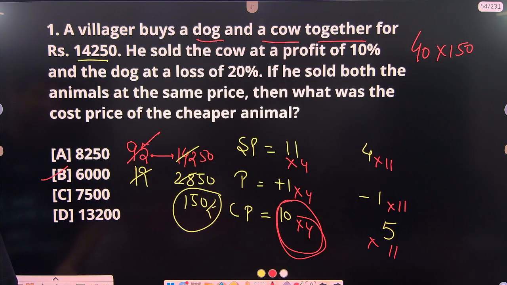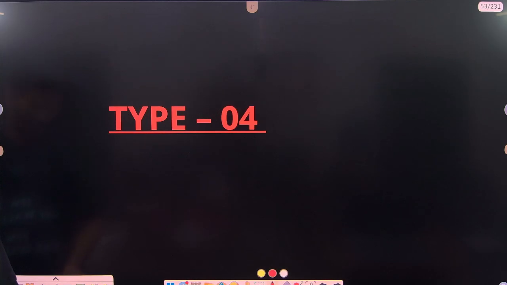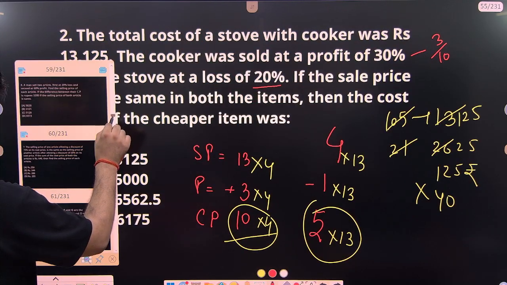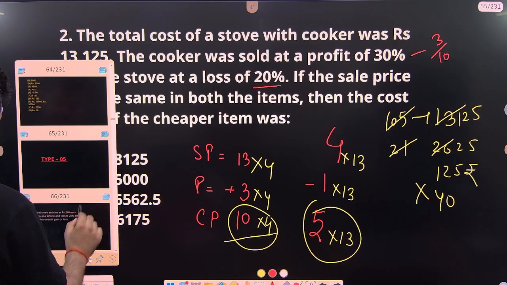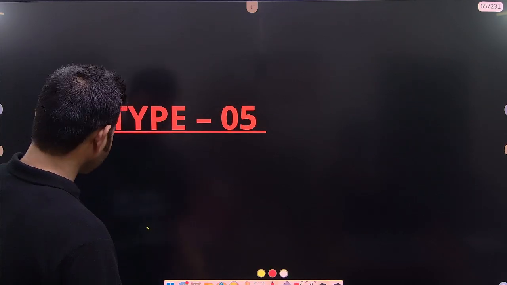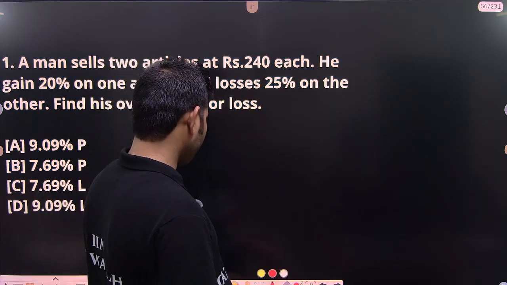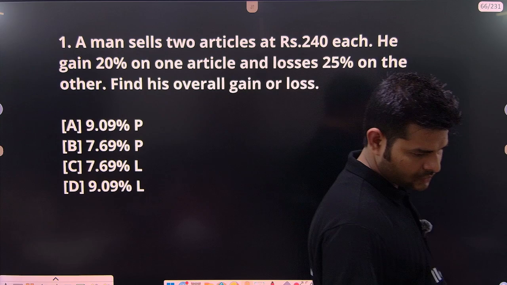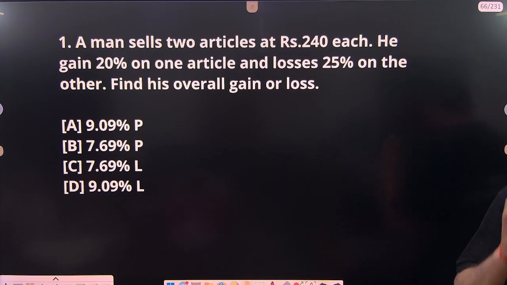That was type number 4. We need to go on to type number 5. So type number 5 is a similar type. There is a little bit of variation. Have a look. That is type number 5.